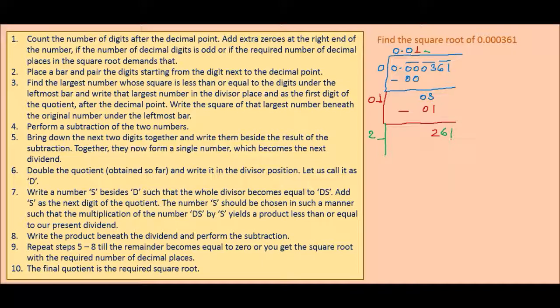Now this is our present dividend, 261. We have to put a digit over here and multiply this entire two-digit number by that digit, S. So first of all, let me draw a rough column.